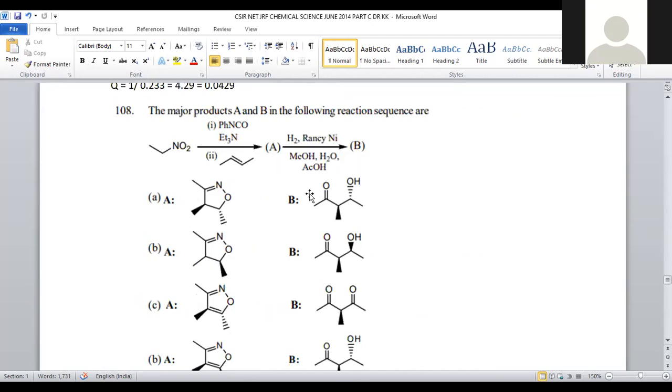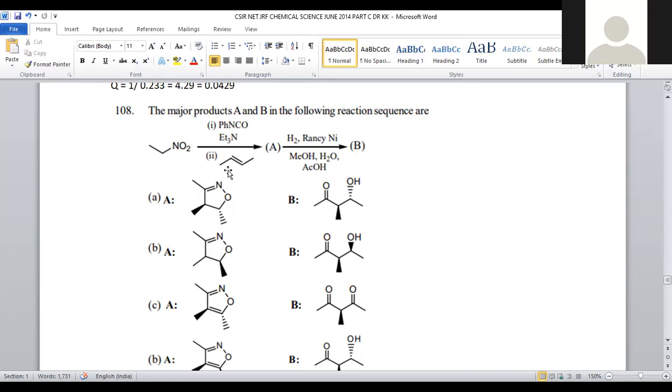Again, it is a part of organic chemistry. The major products A and B in the following reaction sequence. We are taking nitroethane treated with phenyl isocyanate. Phenyl isocyanate is treated with this one in the presence of mild base triethylamine.